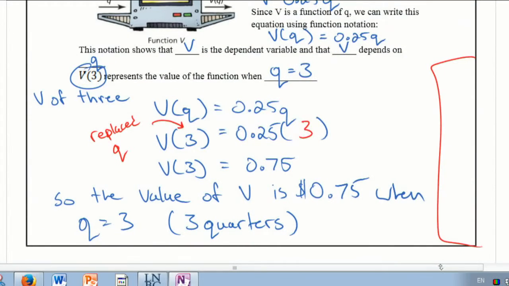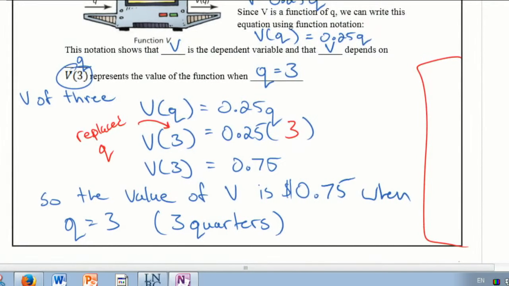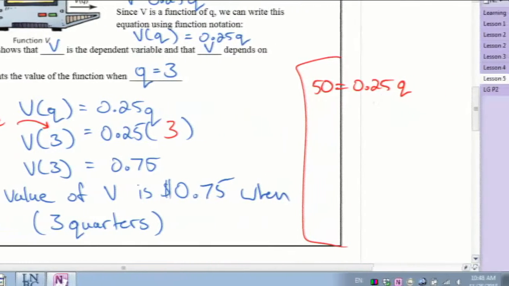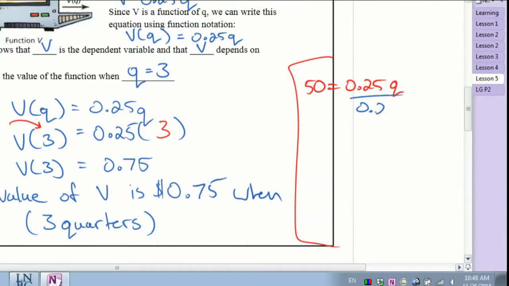If you want to think of it this way, the example you used for $50, Alex, you have a value of $50. That's equal to 0.25 times the number of quarters. So if I want to figure out how many quarters $50 is, you're telling me I'm going to multiply by 4 to figure it out.